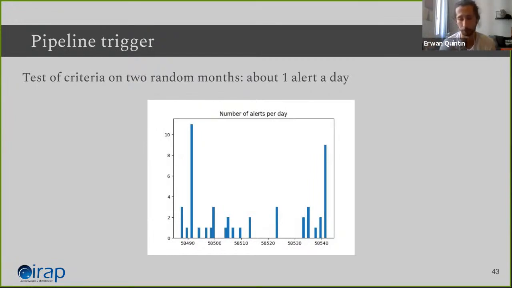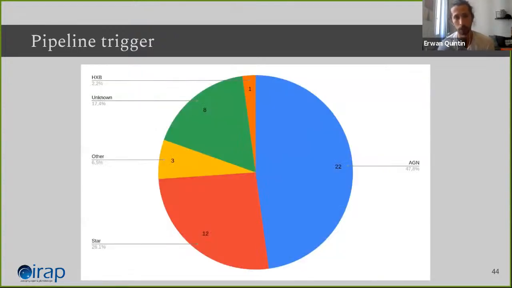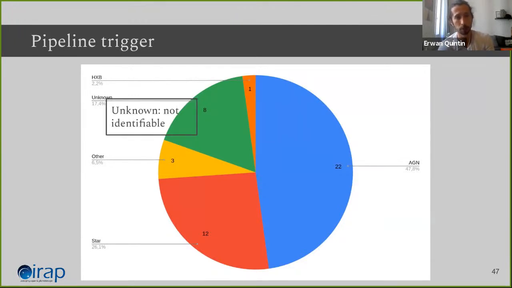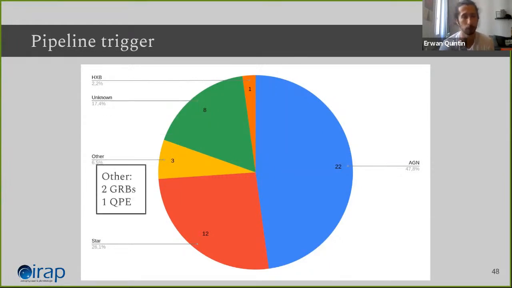With a fixed variability threshold of 3, we get about 1 alert a day. And this is the nature of the objects we found. A lot of stellar flares, which was expected. A lot of variable AGN, we were expecting them, but not so much. Some objects were not identifiable because of the poor X-ray positioning. And interestingly, we had 2 GRBs and 1 quasi-periodic eruption.